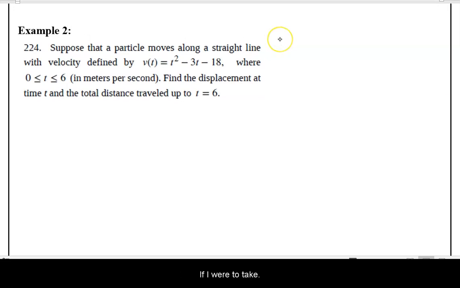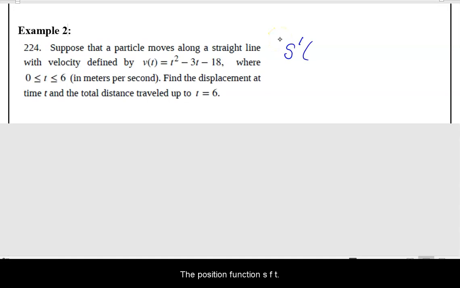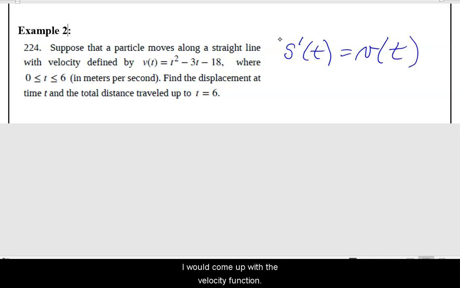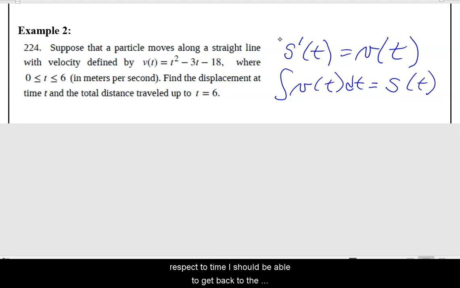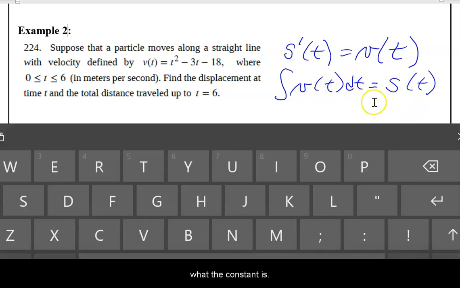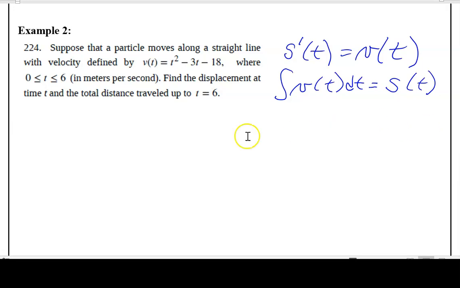If I were to take the position function, s of t, and do the derivative, I would come up with the velocity function. That means that if I integrate the velocity function with respect to time, I should be able to get back to the position function, at least within a constant. We'll have to know something more about it in order to know what the constant is.